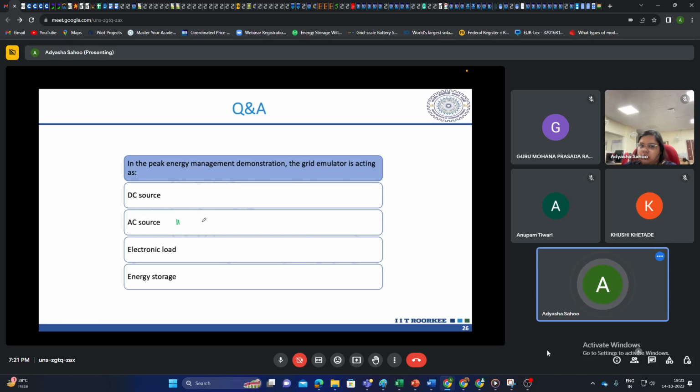Yeah, so it was an AC source along with some other components. It was depicting the function of a storage. So it was not alone acting as a storage. There were other components also.